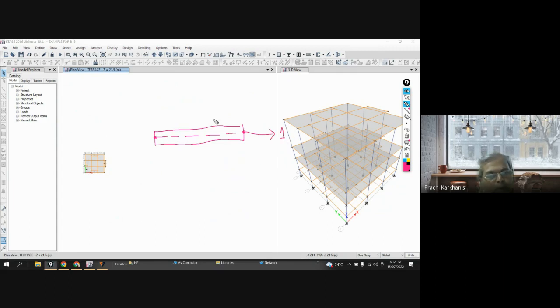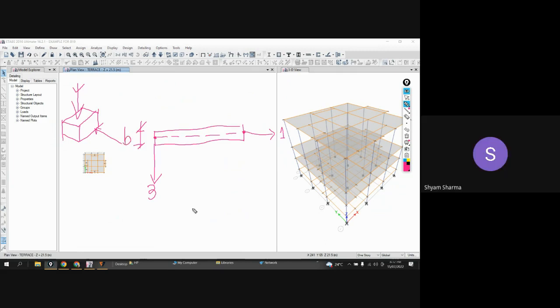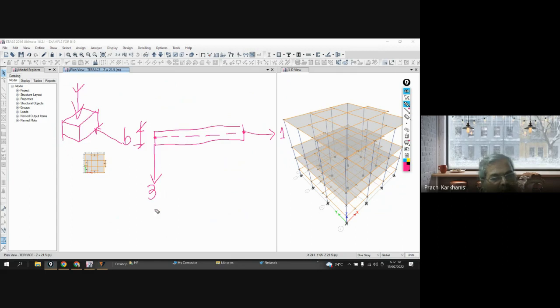And as I am looking from top, I will see my 3 axis something like this. I am looking from top. First I was looking from this side, but now I am looking from top, so I will get this as my beam width, right? Now this is my 3 axis.